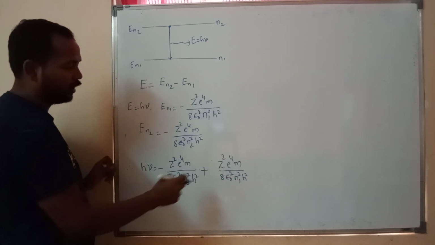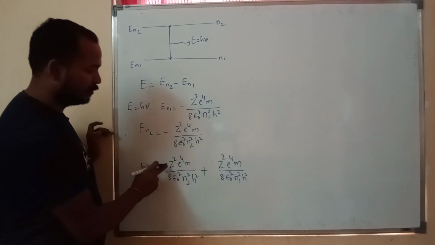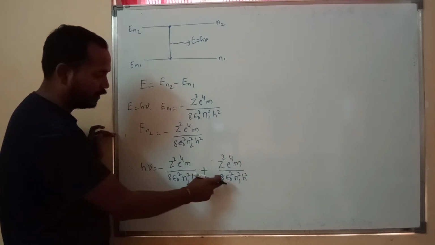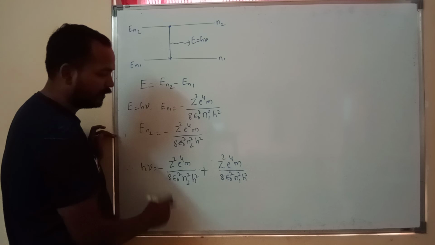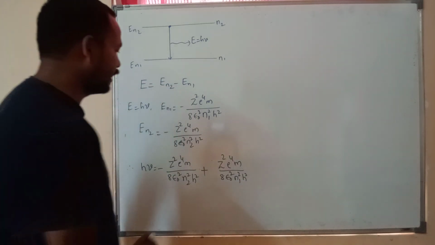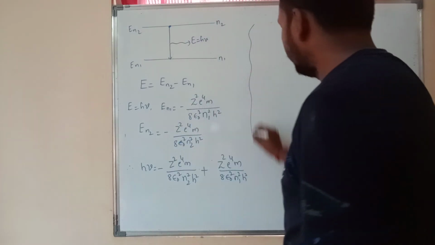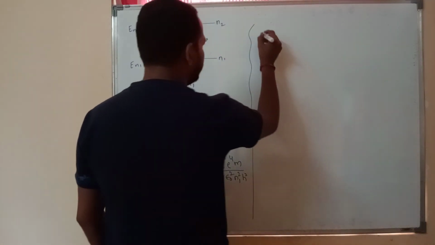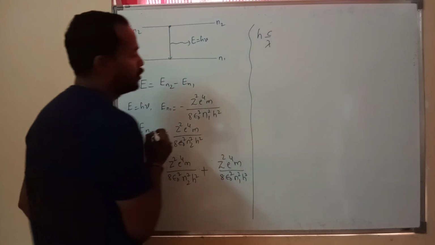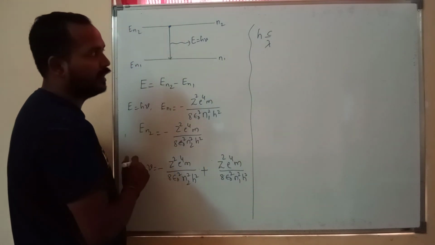Among these two I will take common terms. Z square e raised to 4 m is common, 8 epsilon naught square h square is common. Only 1 by n2 square and 1 by n1 square are not common. I will separate them. Instead of h nu, I can write h c by lambda, because nu, the frequency, is equal to c by lambda.